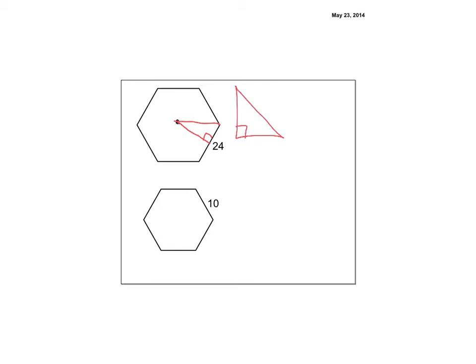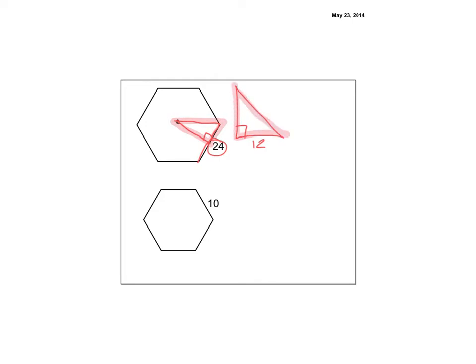Now, if we take this side and we're cutting it in half, we're drawing this apothem from the center to the middle of one of these sides, we're going to be cutting this side value in half. So this side is now 12 units. All right, so what I'm redrawing is this piece right here. Okay, those match up.